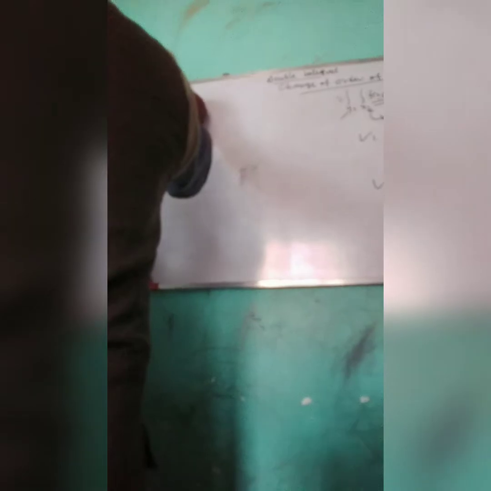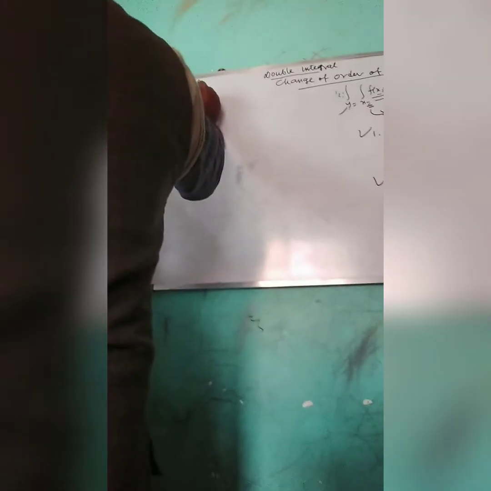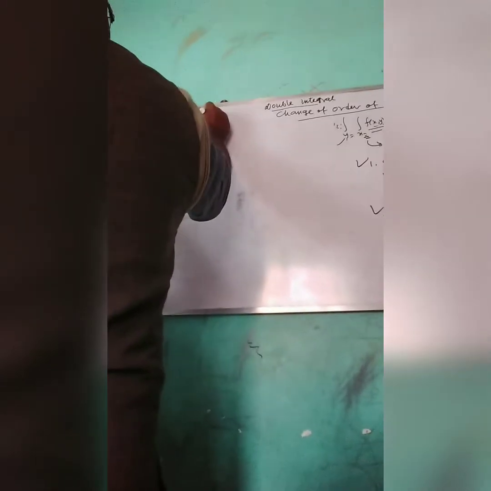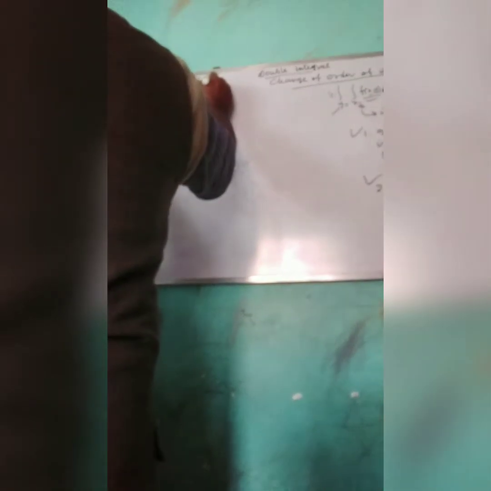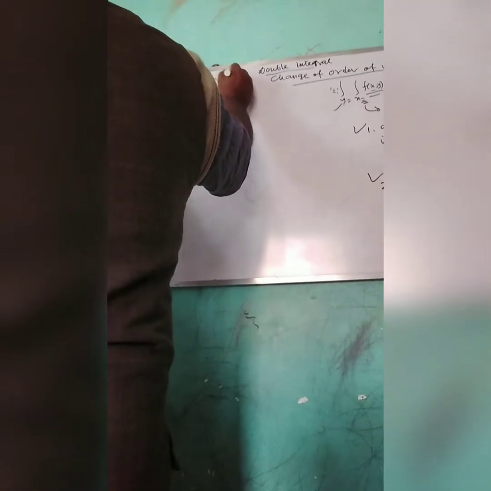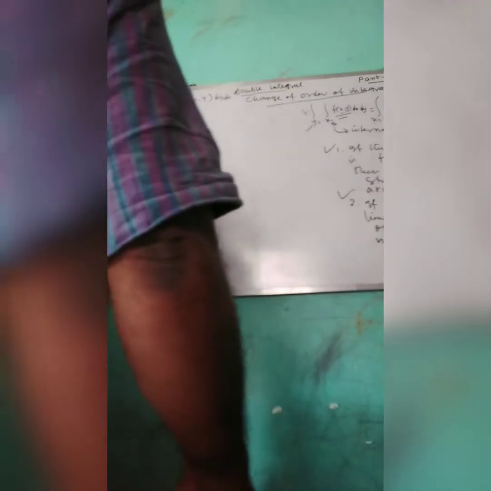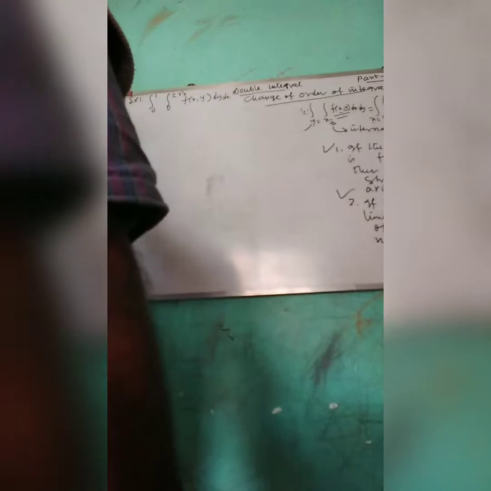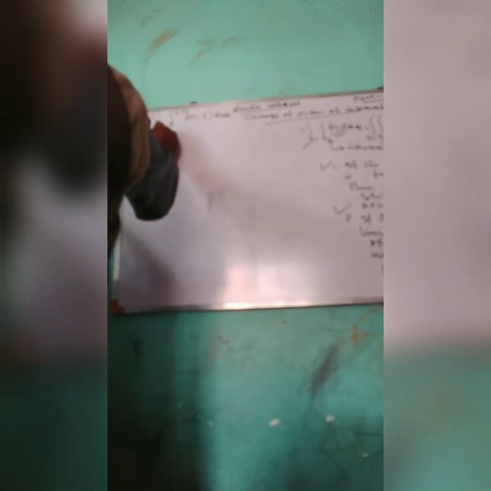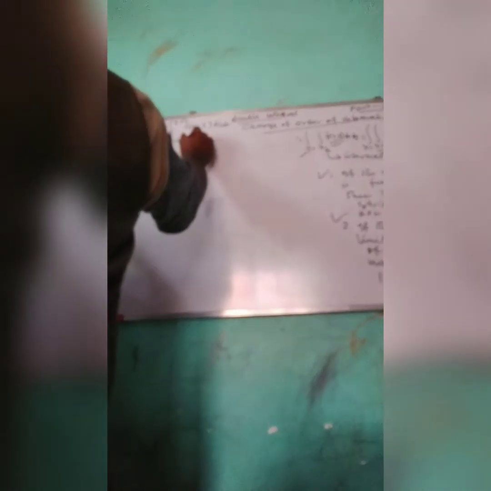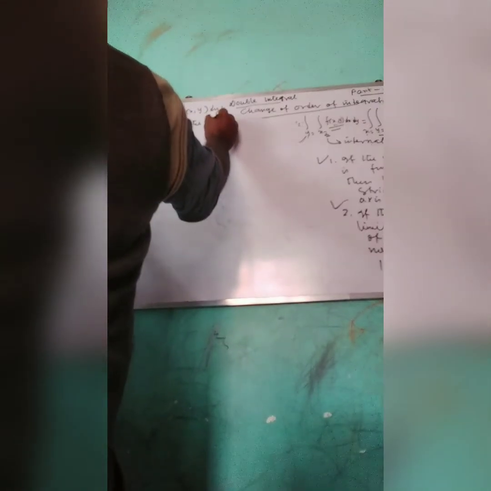Example 1: integration from 0 to 1, integration from 0 to 2 root x, f(x,y) dy dx. Change the order of integration.